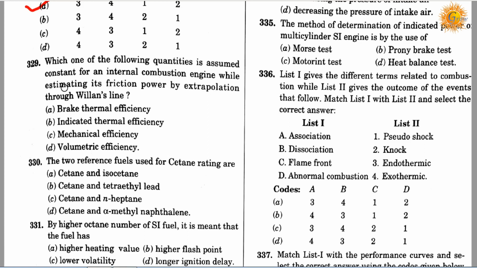Option A is brake thermal efficiency, option B is indicated thermal efficiency, option C is mechanical efficiency, option D is volumetric efficiency. So the correct answer is B.